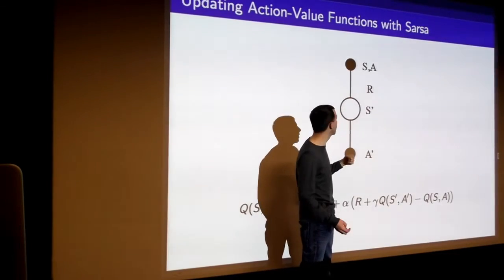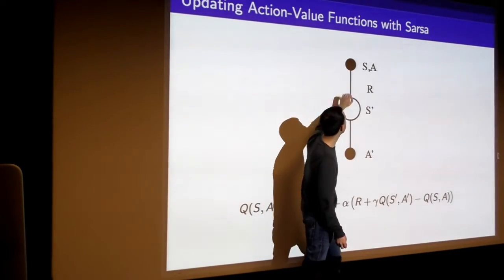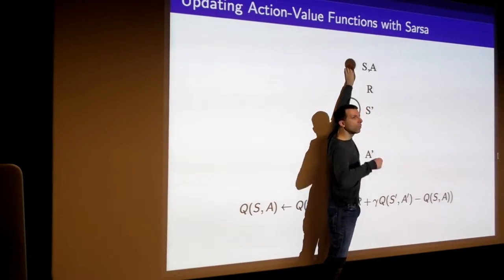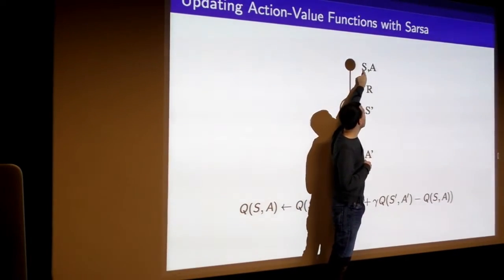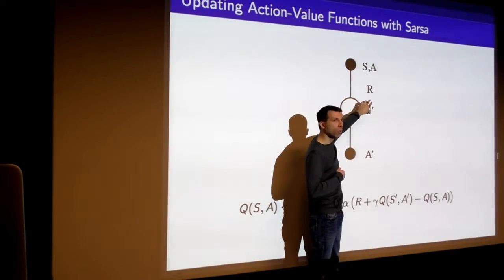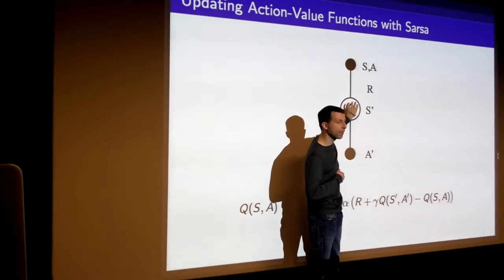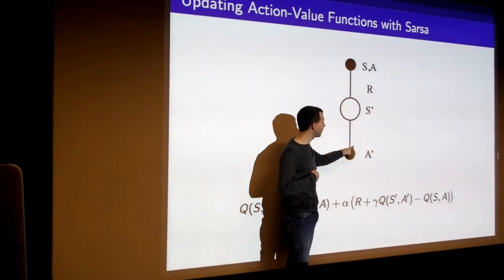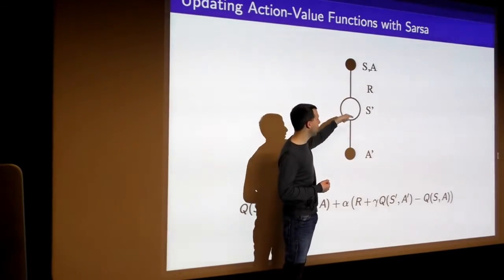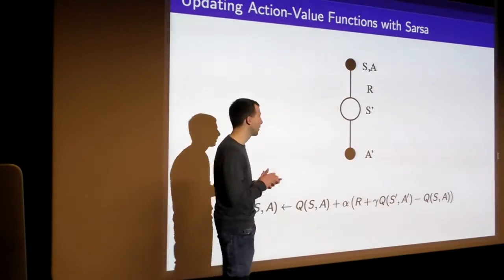Sorry, we're not sampling our policy at first. We start off with state S, and we're asking a question about this state S and this particular action A. We sample from the environment to see what reward we get and what state we end up in. And then we sample our own policy at that next state. So we end up with S, A, R, S prime, A prime: the SARSA algorithm.